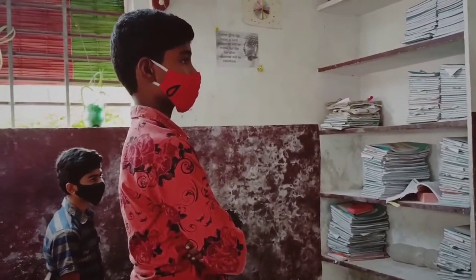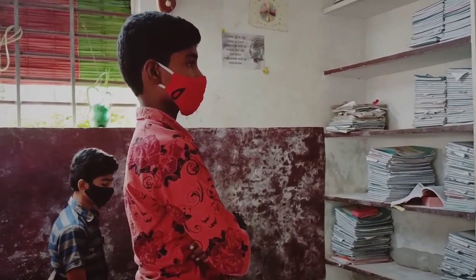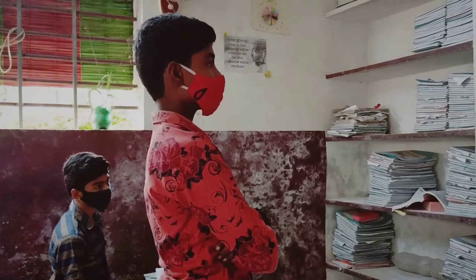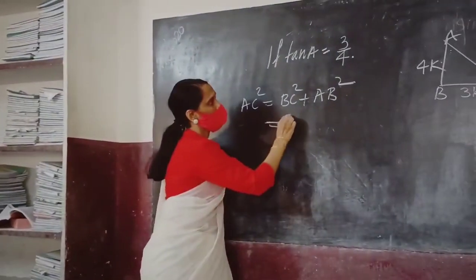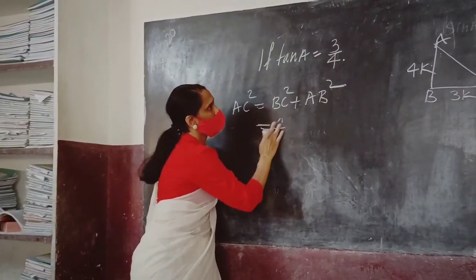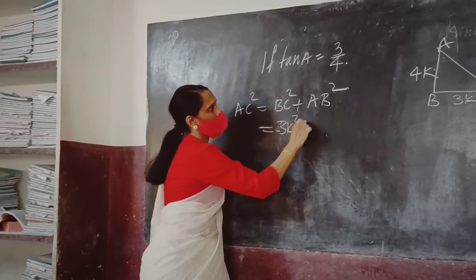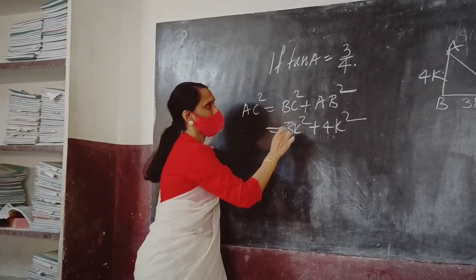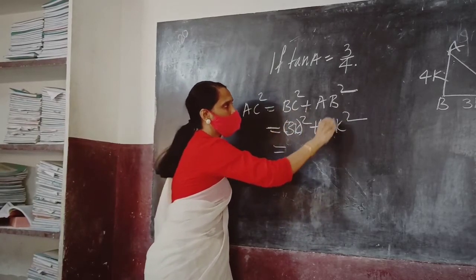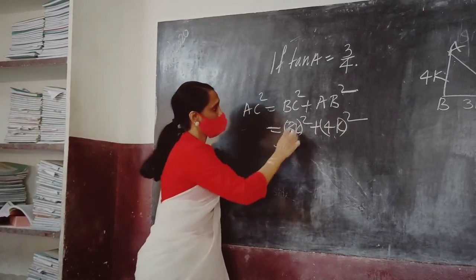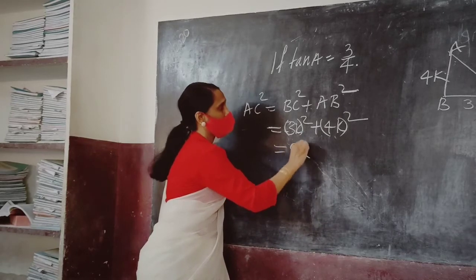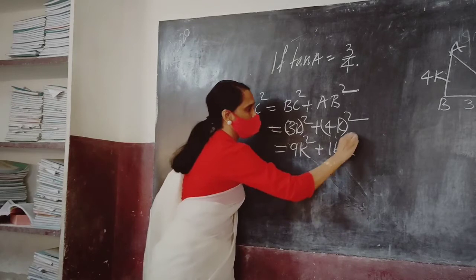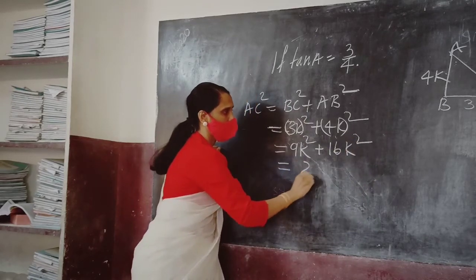So AC square is equal to 3K whole square plus 4K whole square, which is 9K square plus 16K square, equal to 25K square.